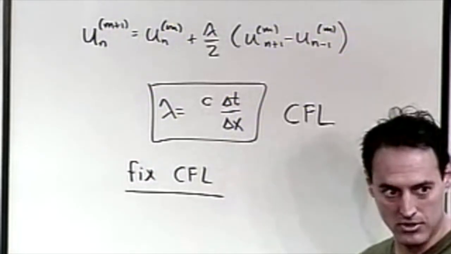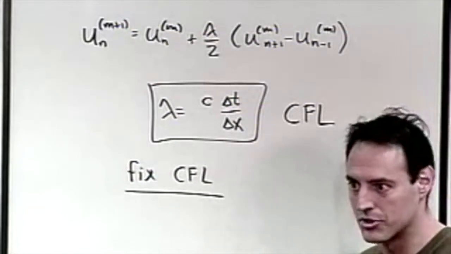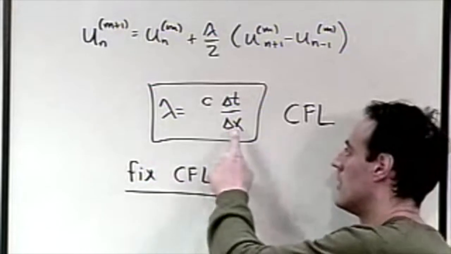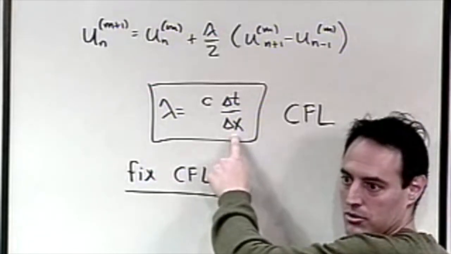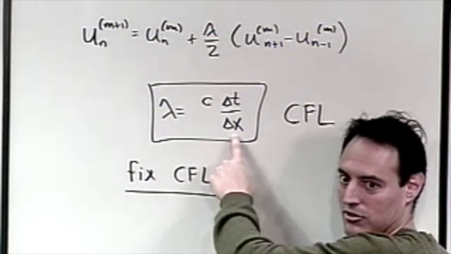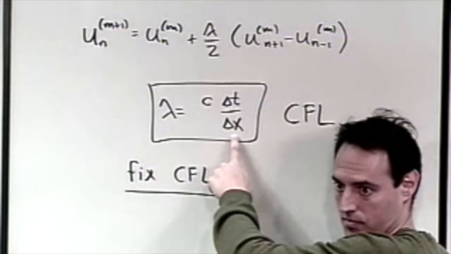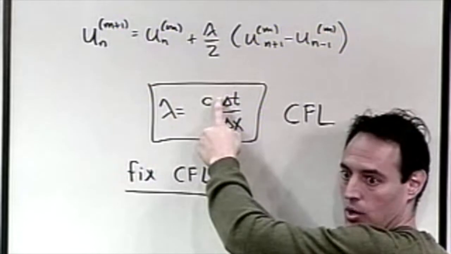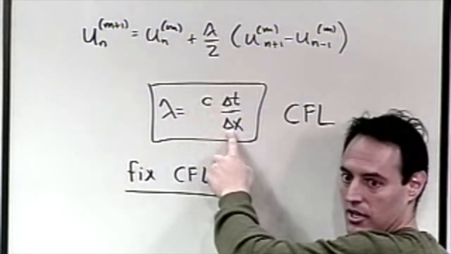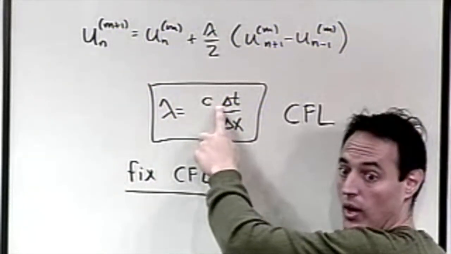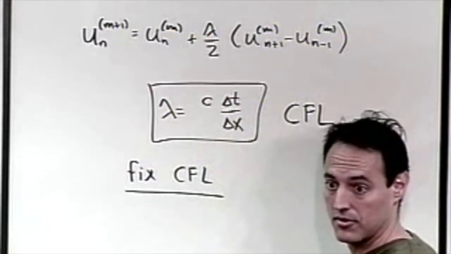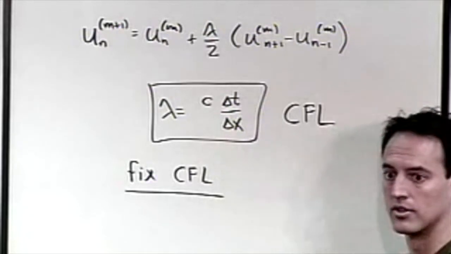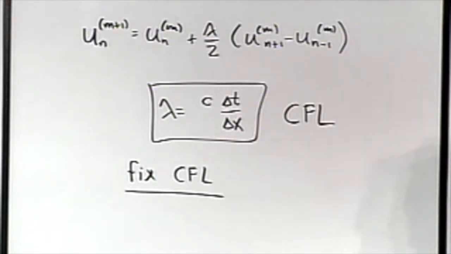But if you want to go with better resolution in space, you always have to decrease your time step. So if you want to double your resolution, you've automatically guaranteed yourself 4 times the amount of running time, right? Because you have to cut delta t in half as well. So not only do you have twice as many points to calculate, but you also have to run it twice as long, because your delta t is going to be half the size. So every time you mess around with stuff like this, your computational time goes up.